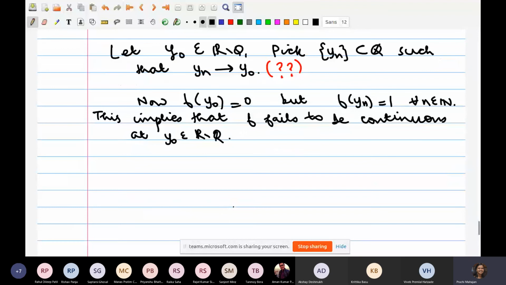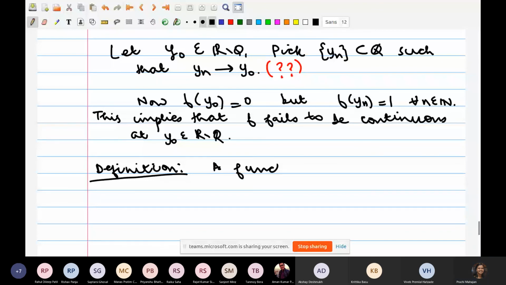So we have defined continuity at a point. When do we say a function is continuous on a set? If it's continuous at each point of that set. Let me write that down. So again, X and Y are metric spaces.